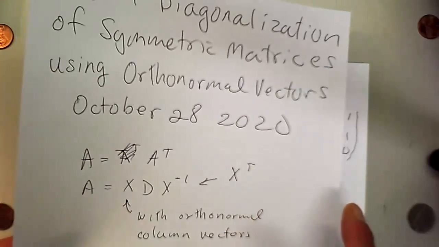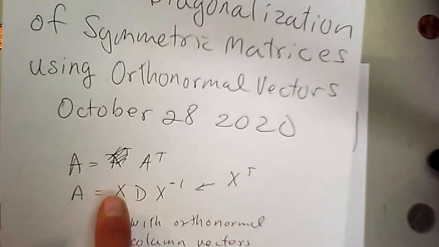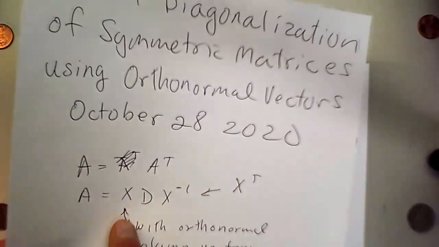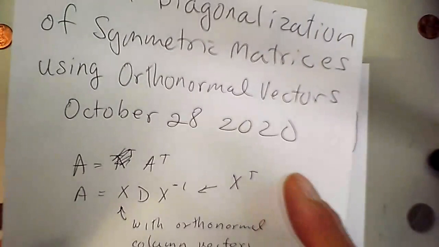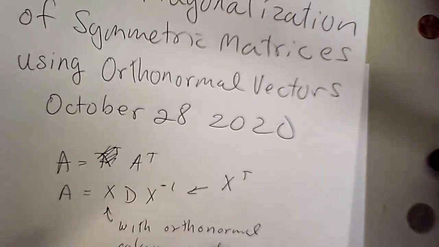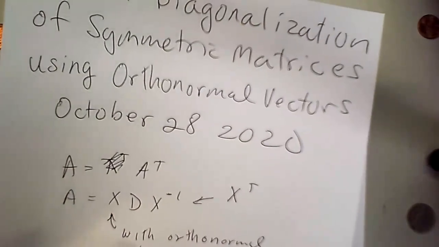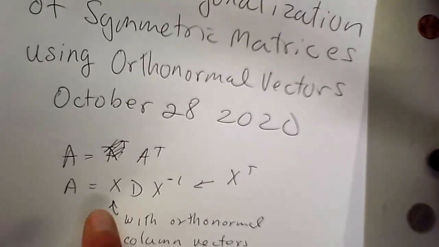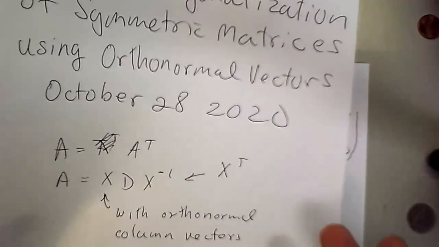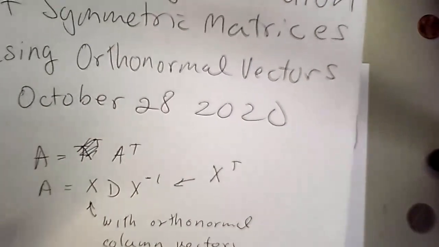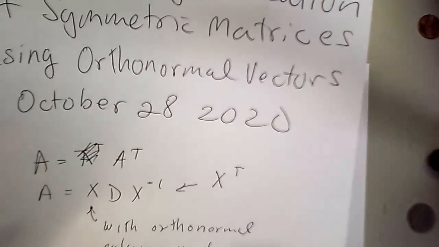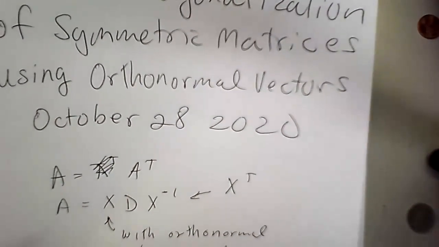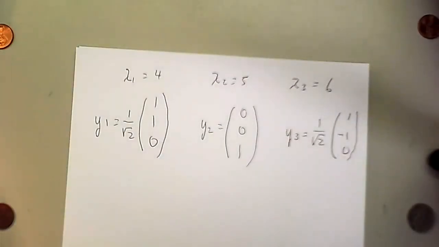As I was going through the video, I realized this X corresponds to the previous video in which we did not call for the eigenvectors to be normal, much less orthonormal. But this time, when we have symmetric matrices, we automatically are going to get that. Not only can we request that, we can almost automatically get it. I said almost because we have to make sure that the vectors are normal. So we have to divide by their length.